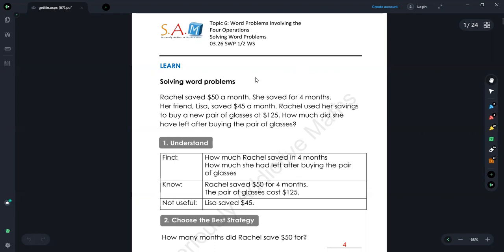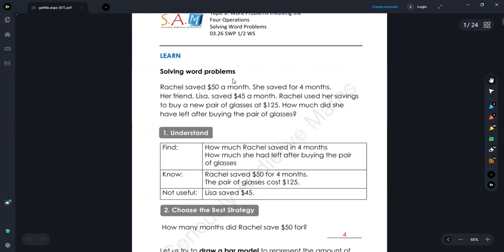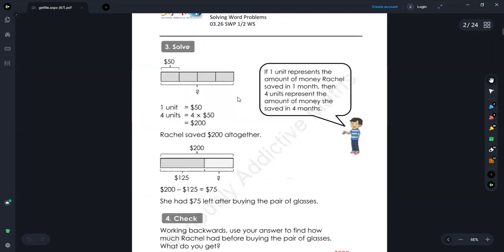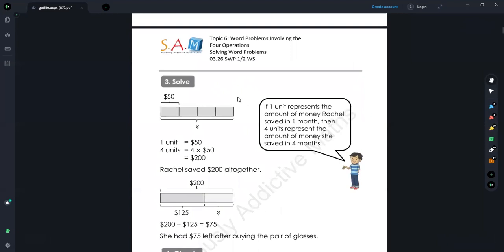Now, for this lesson, let's start off with the first page. Because it's only one booklet, I'd like you to make use of this question to teach them how to draw the bar model, especially when you involve more than one operation. Although the bar model is already drawn here, I'd rather that you don't refer them to it, because I noticed that when students look at a pre-drawn bar model, it's harder for them to learn.